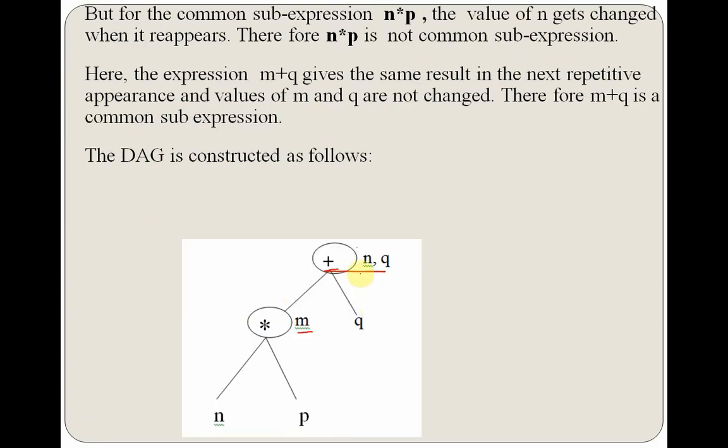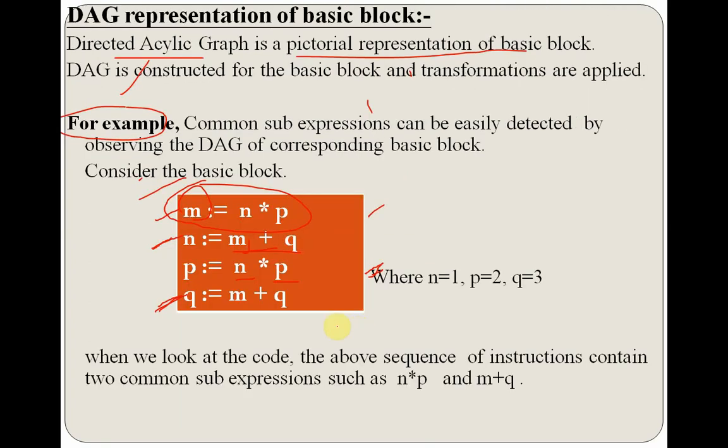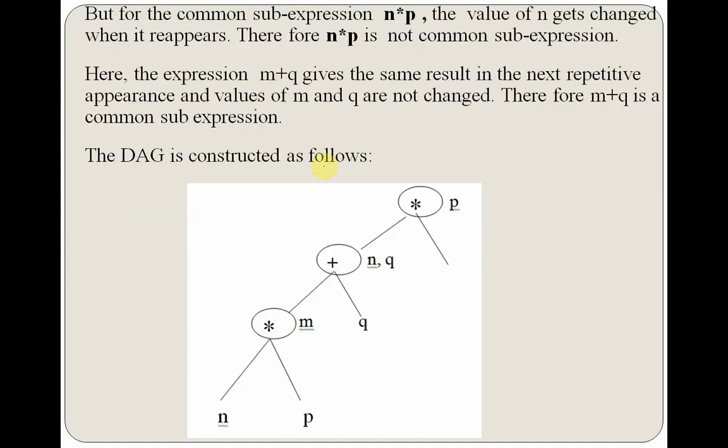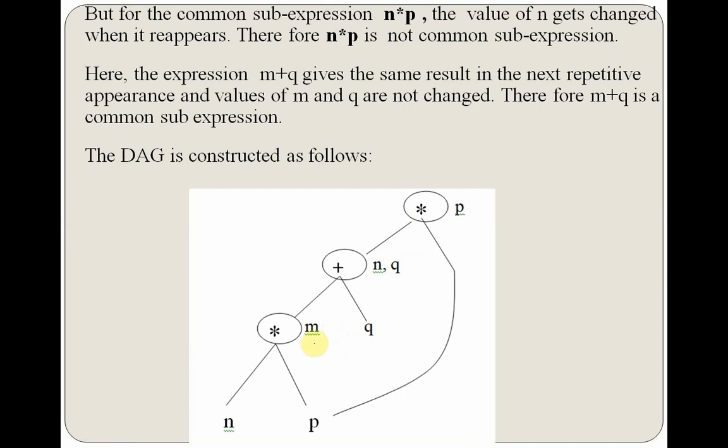And the next statement is p equal to n into p. So further I can extend p equal to n into p. So p is already used here, so I can take it from this directed acyclic graph.